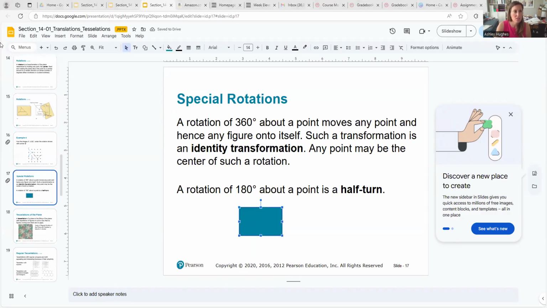See, this is a rotation arrow. So if I rotate it 180 degrees, there, but if I rotate it 360 degrees, you're back to where you started. And the translation is just moving it over. This is a translation. This is a rotation.